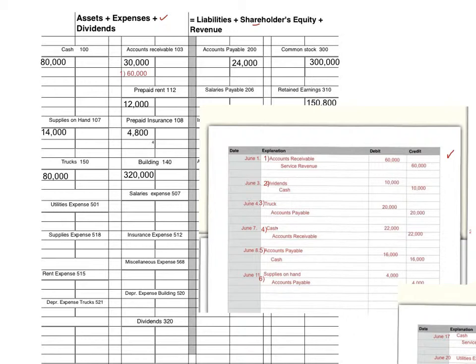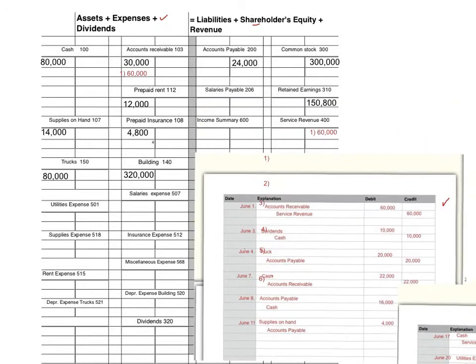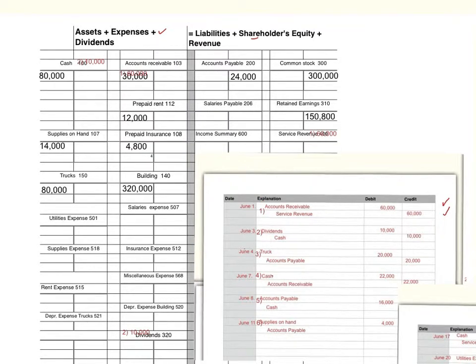The second one is a credit to service revenue, so I go to service revenue, account 400, and I credit it by 60,000, and that completes the posting for transaction 1. Then transaction 2 is a debit to dividends and a credit to cash. So I post the debit to the dividend account and I post the credit to cash, 10,000.